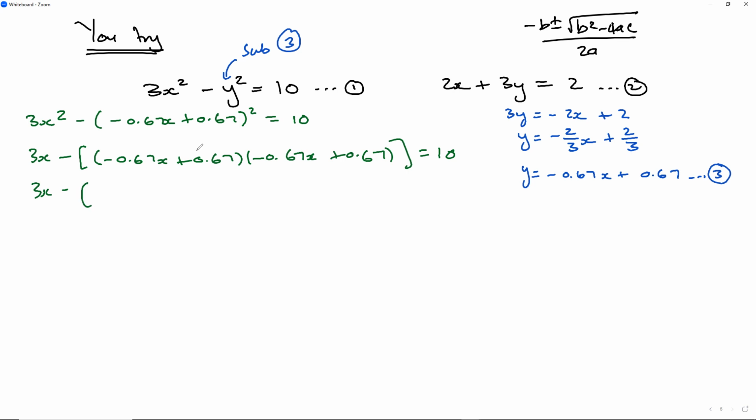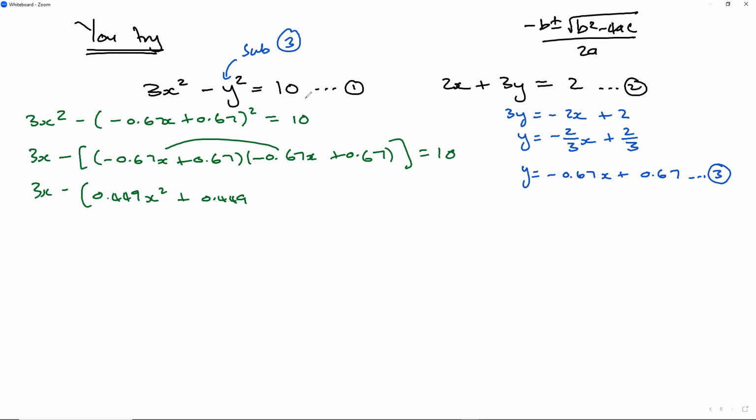So negative 0.67 squared will come to positive 0.449 x squared plus 0.449 minus 0.449 for each one.